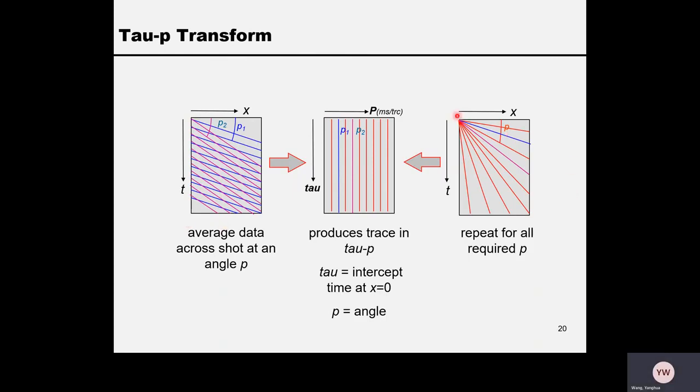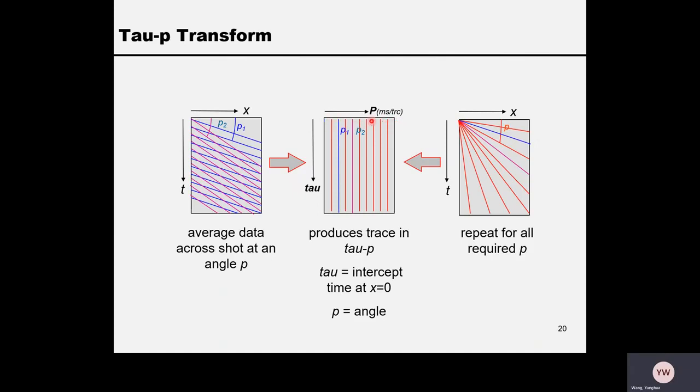Another way to do that, for individual tau, which is the individual interception time, use a different P, a blue P, red P, you sum all the lines in, and put the sum of the value into the position tau-P panel.